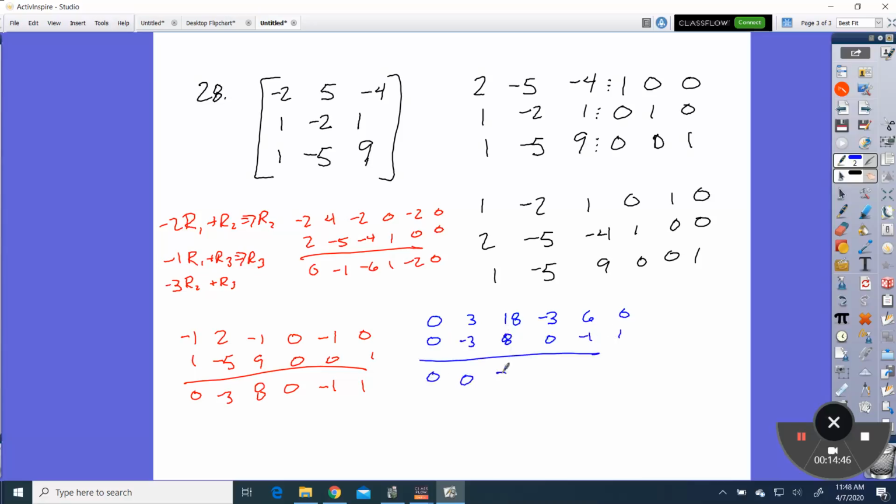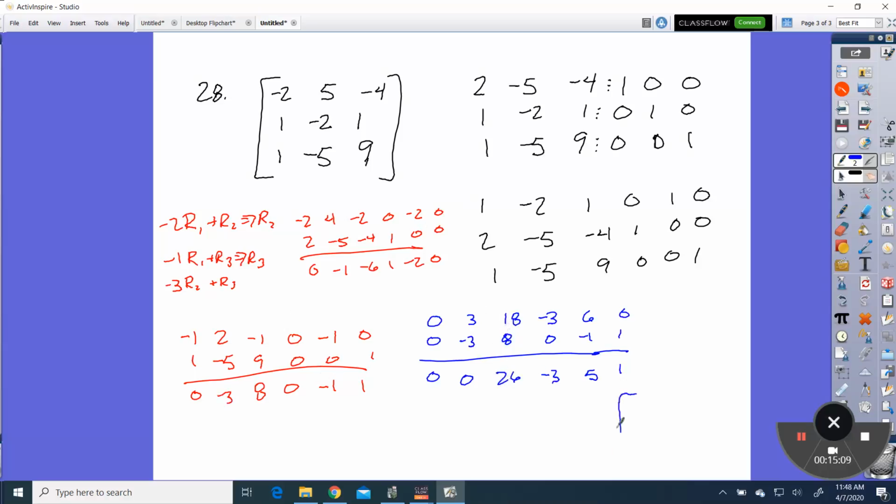I have 0, 0, 26, -3, 5, and 1. And so then I think I messed up somewhere because they aren't working out to be halves and things in here. I think that was supposed to be negative somewhere. I would try to go really fast just to give you an idea.